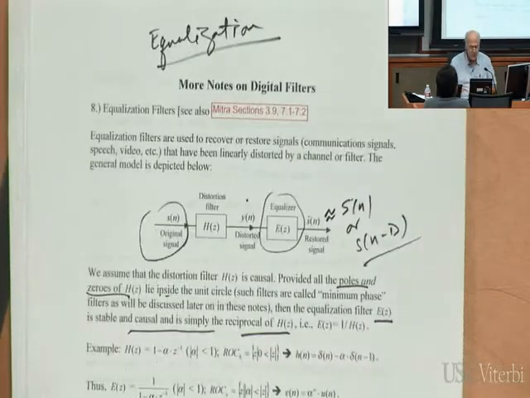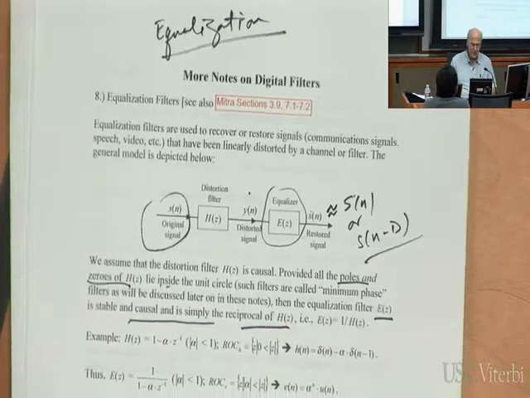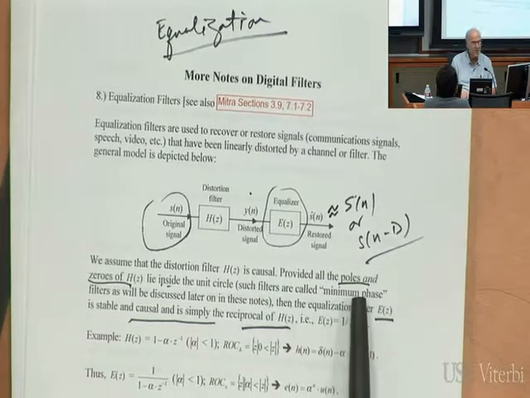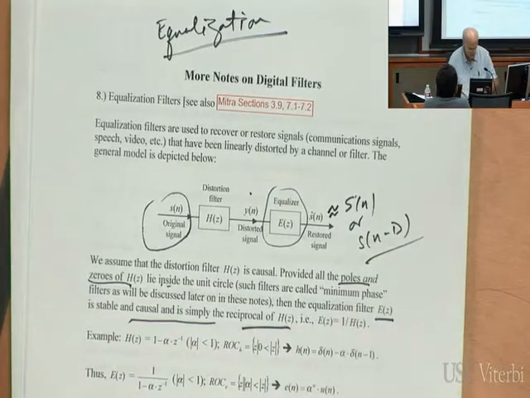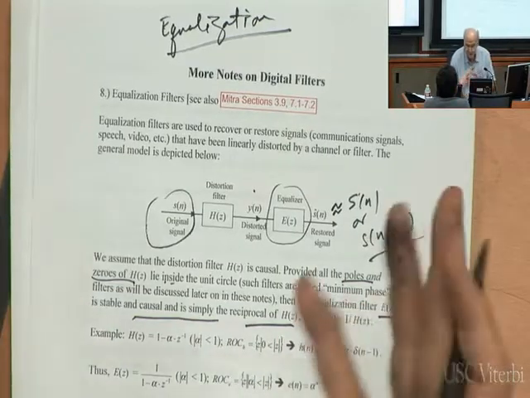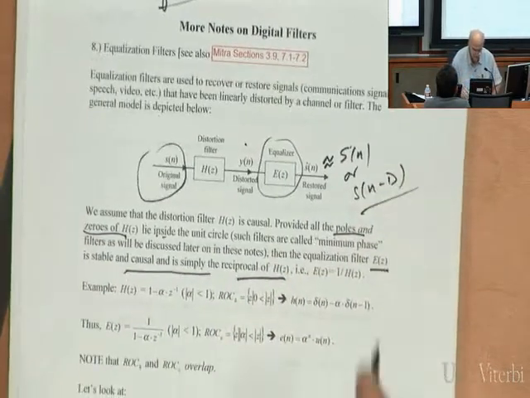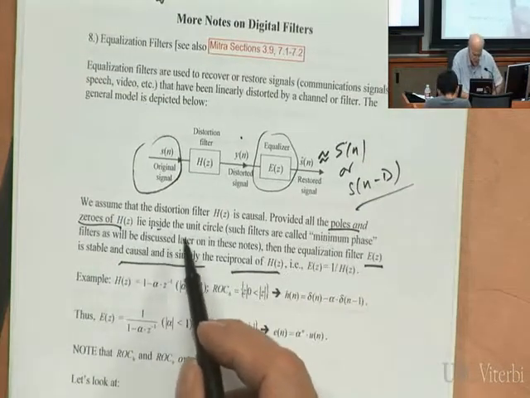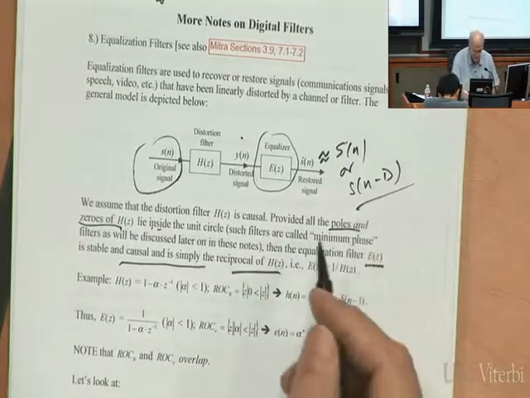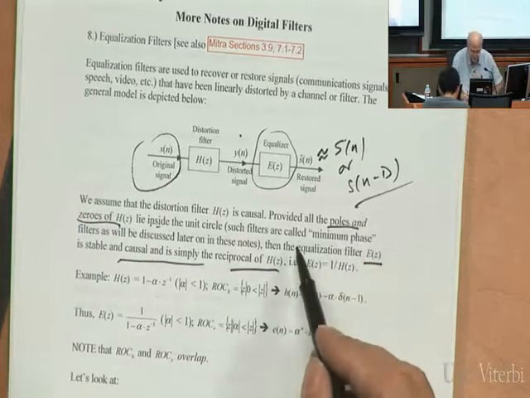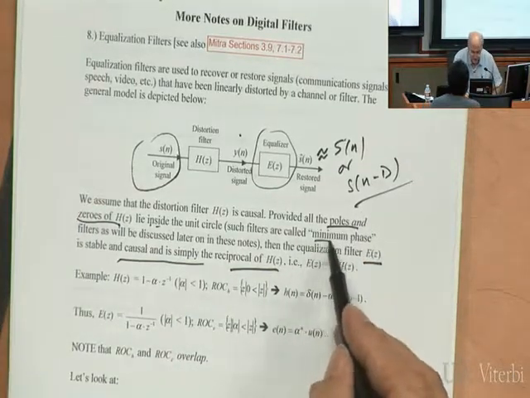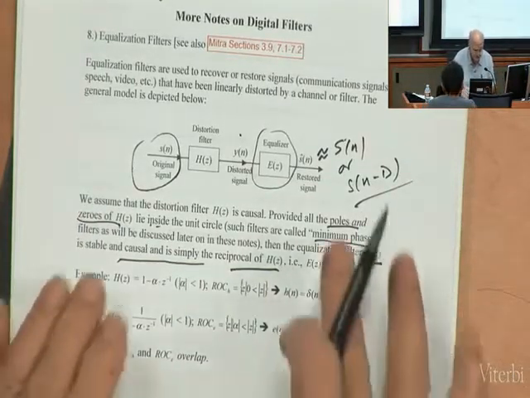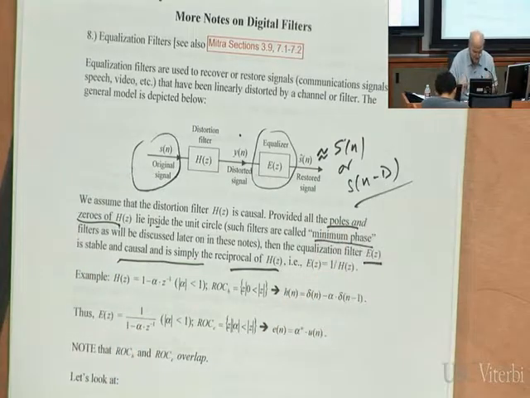Now, it turns out you have all the knowledge you need right now to understand the statement I just made. So I have a few minutes. Let me at least explain what I just said. Provided all the poles and zeros of the distortion filter lie inside the unit circle, all of them. And by the way, such filters are called, for reasons that are not obvious right now, minimum phase filters.